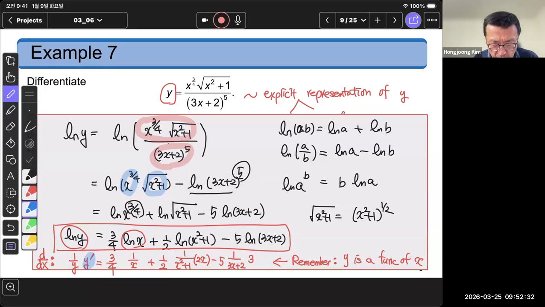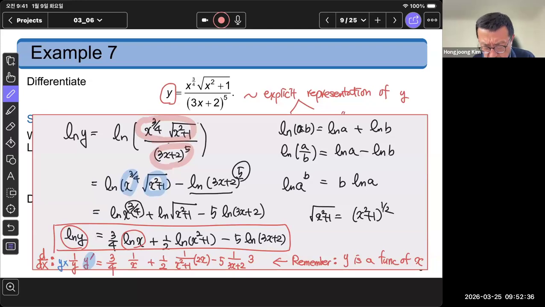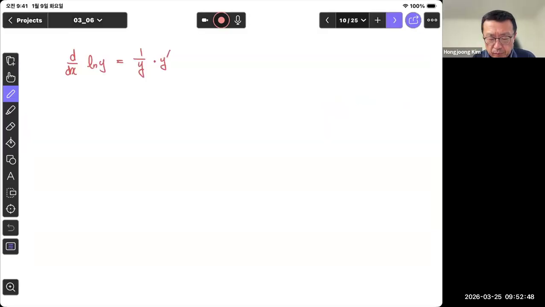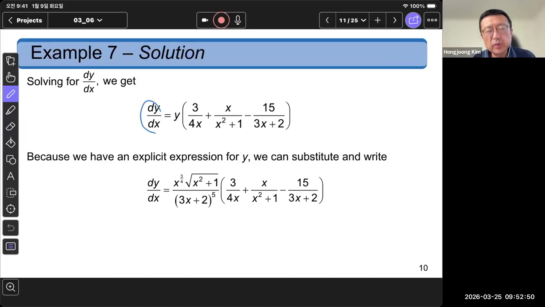So I can just multiply this whole expression by y, then the y on the left will be cancelled, and y prime will be y times this part.